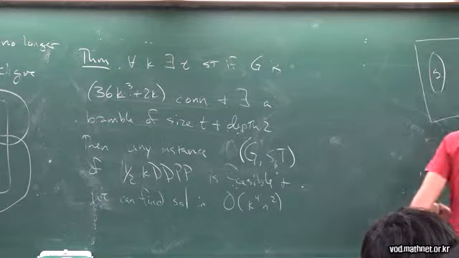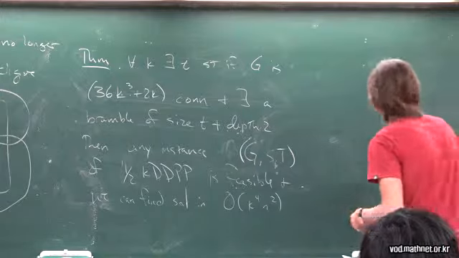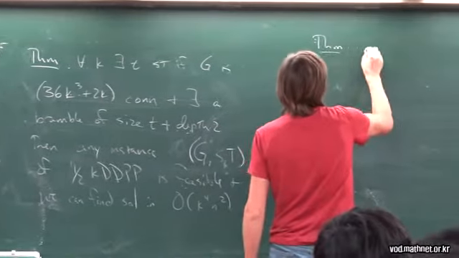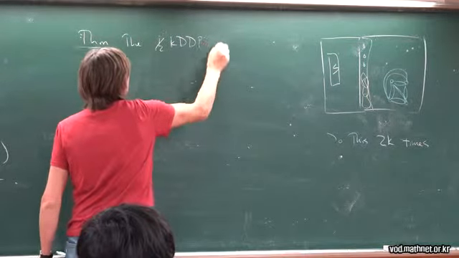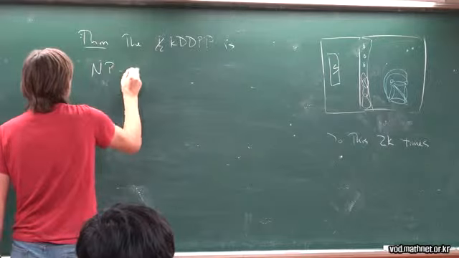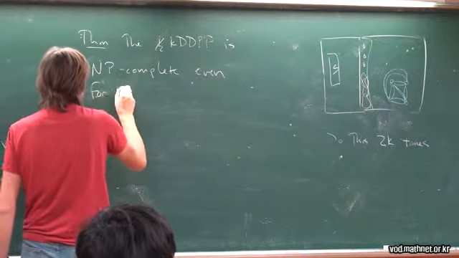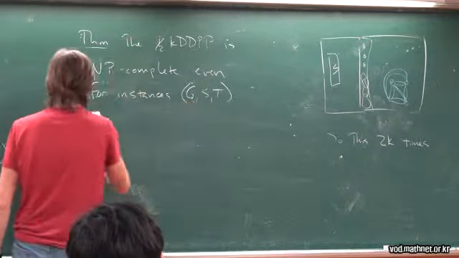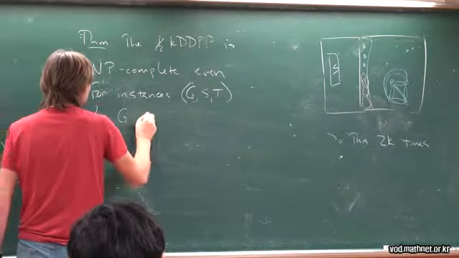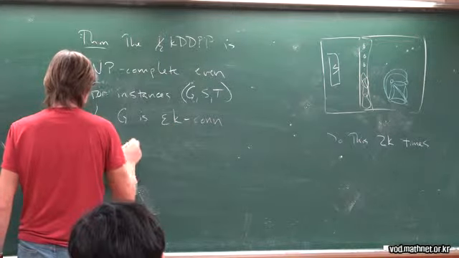What about lower bounds? The problem is still NP complete even for instances G, S, T where G is epsilon k connected for all epsilon less than 1.